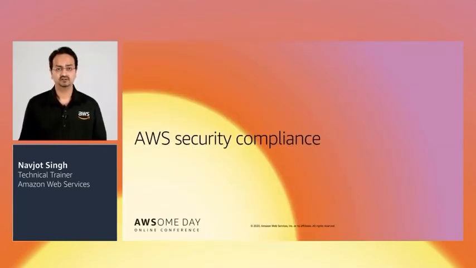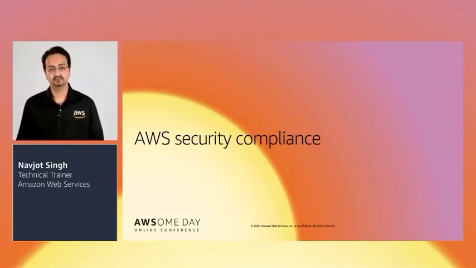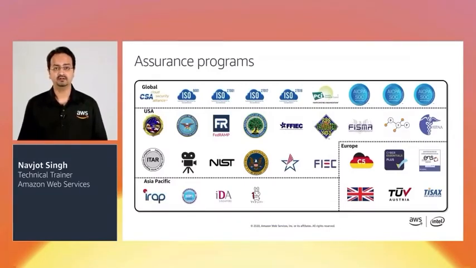In the next section, we will look at assurance programs that AWS is compliant with. Here is a sample of the assurance programs that AWS is compliant with. These are industry standards and programs that some customers may already be familiar with, such as ISO, SOC, IRAP, and so on. Customers can access the AWS compliance page to get further details on each program and how AWS is compliant.